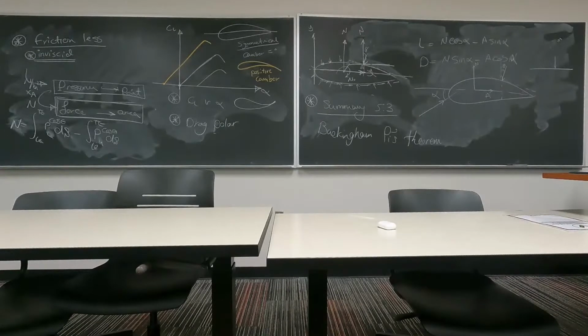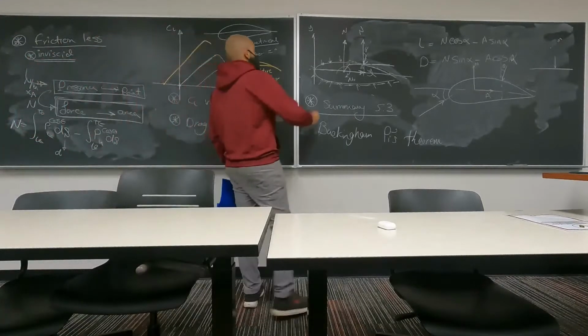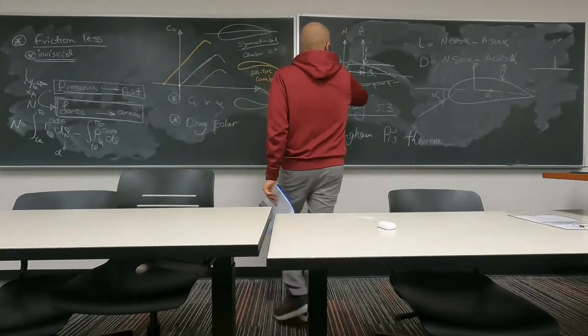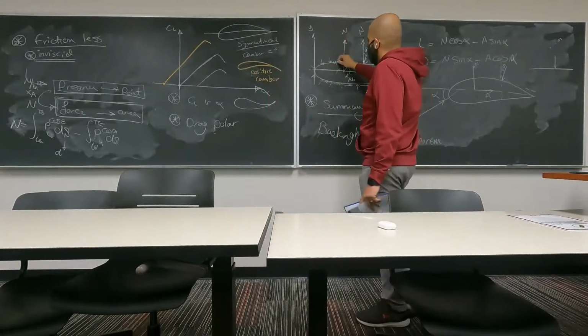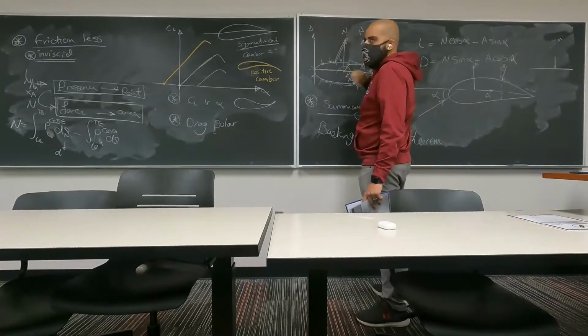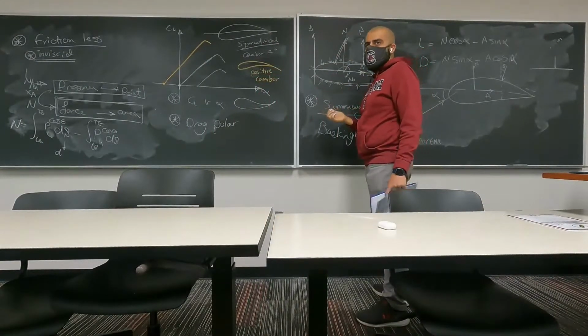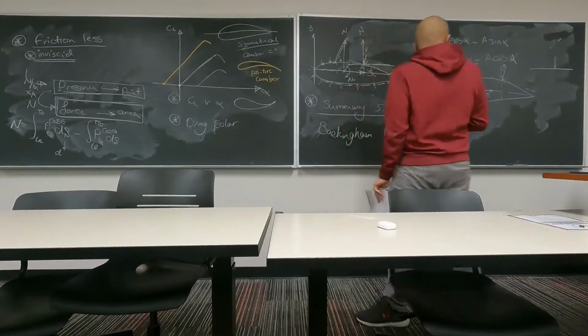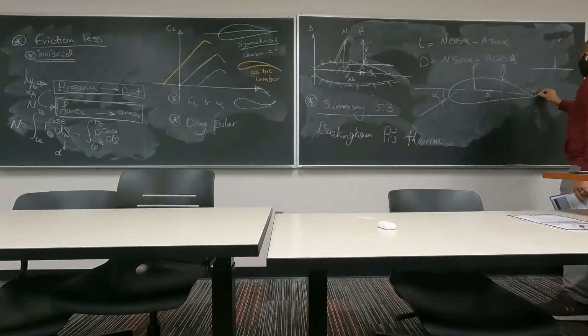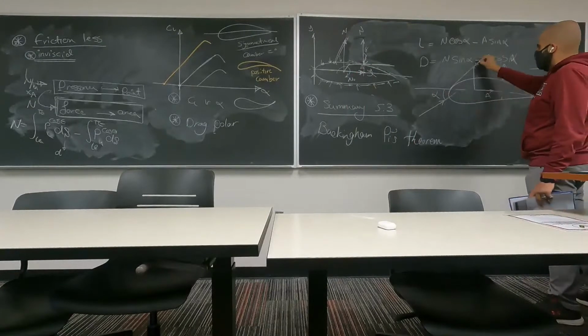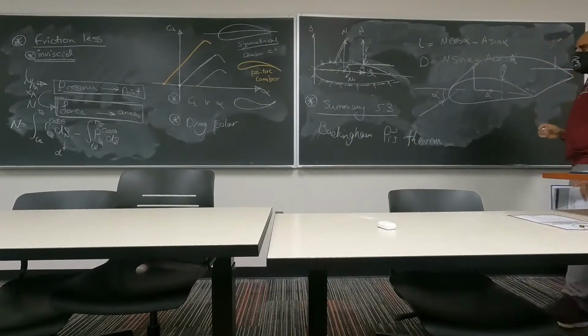Since we are dealing with airfoils, we are only dealing with a two-dimensional thing. So your ds is going to be a small element on the surface multiplied by the depth. This is a wing, and when you are dealing with the force, you are dealing with a three-dimensional wing.